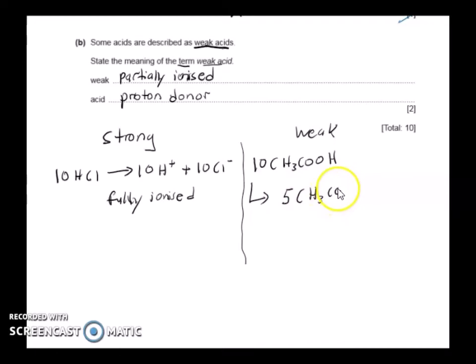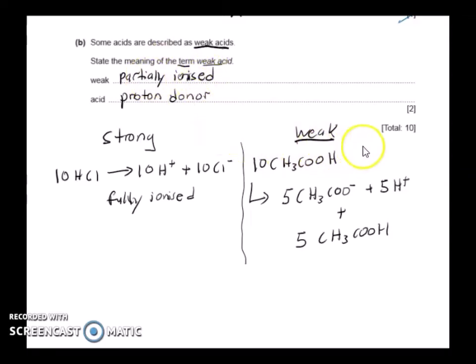So it becomes COO negative. You have these 5 ions, and you have 5 hydrogen ions. However, the other 5 will remain as molecules. Okay, this one doesn't ionize. So when this happens, it is considered weak. That's why it is partially ionized.